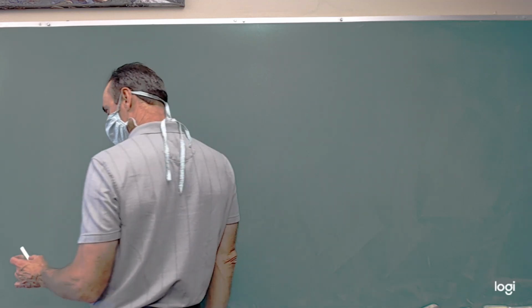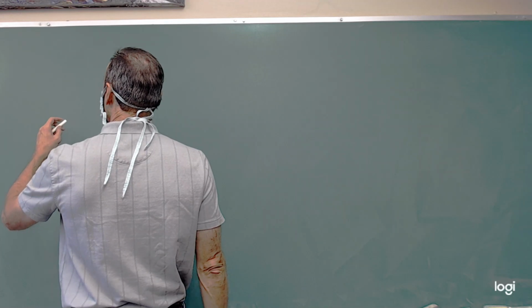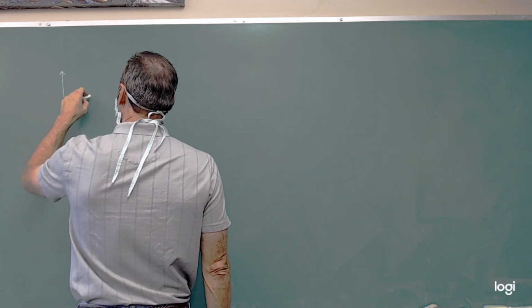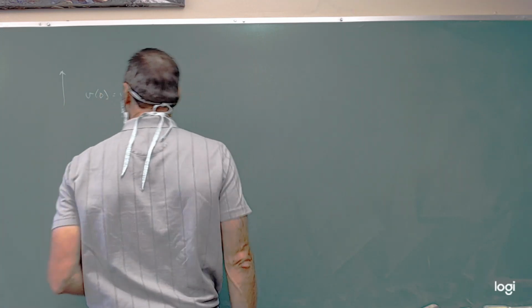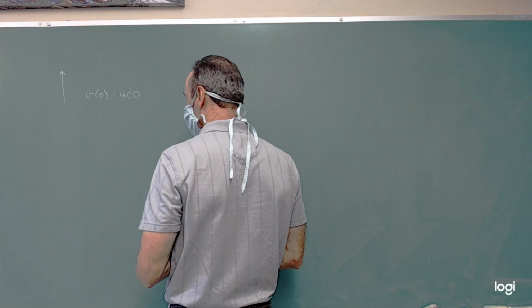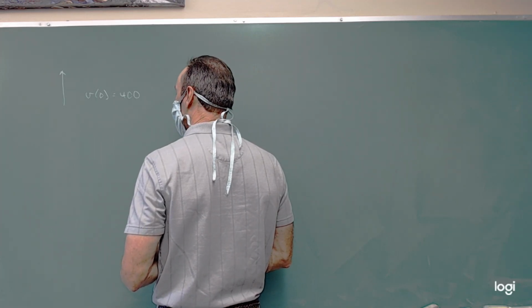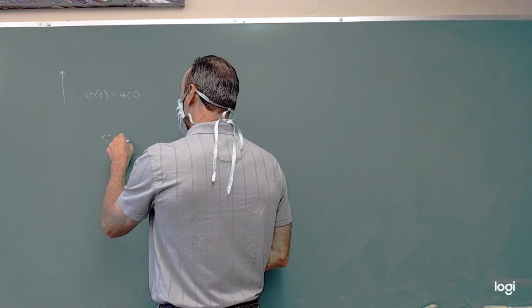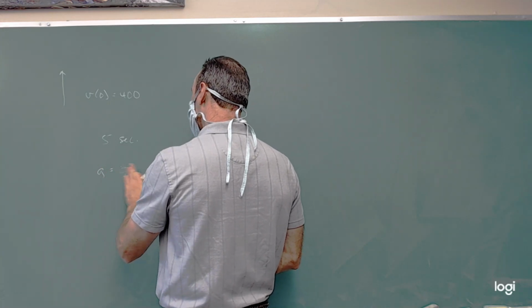So it says the distance traveled by a projectile. An object is shot straight upward from sea level with an initial velocity of 400 feet per second. And assuming gravity is the only force acting on the object, give an upper estimate for its velocity after 5 seconds have elapsed. Use g equals 32 feet per second squared for the gravitational constant.